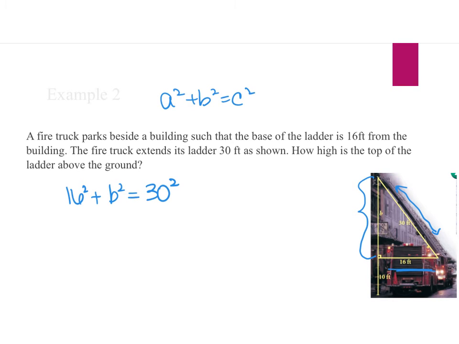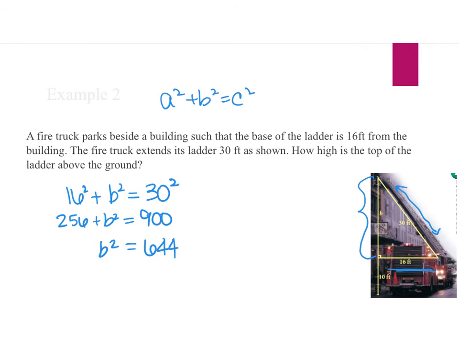If I simplify this, I have 16 squared, which is really 256, plus b squared equals 30 squared, which is really 900. To get b squared by itself, I'm going to subtract 256 from both sides, and I end up with 644.